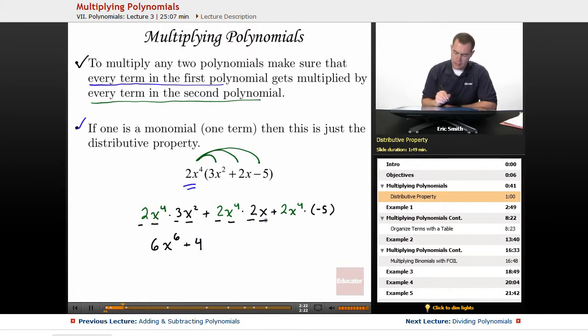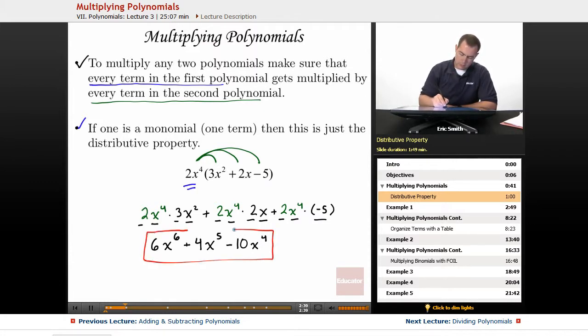Then we'll add the exponents on x to the fourth and x to the first power. So x to the fifth. And now we're at the very end. So 2 times a negative 5, negative 10. And we'll just keep the x to the fourth. So this represents our final polynomial after the two have been multiplied together. So again, remember that we're looking so that every term in one gets multiplied by every term in the other one.